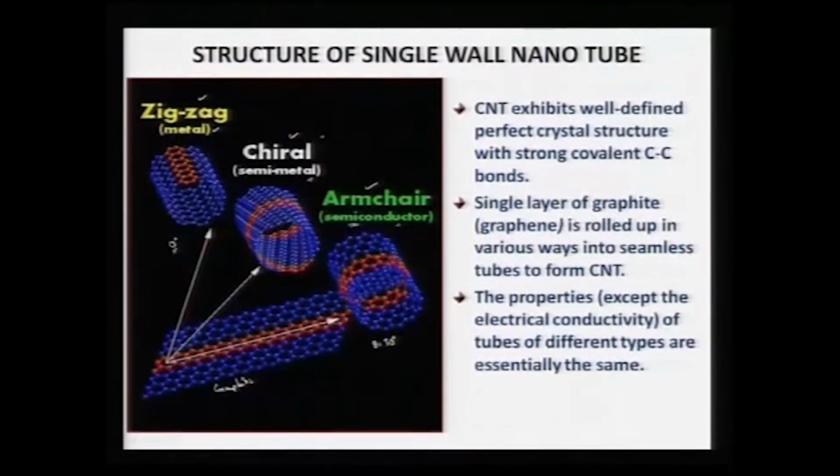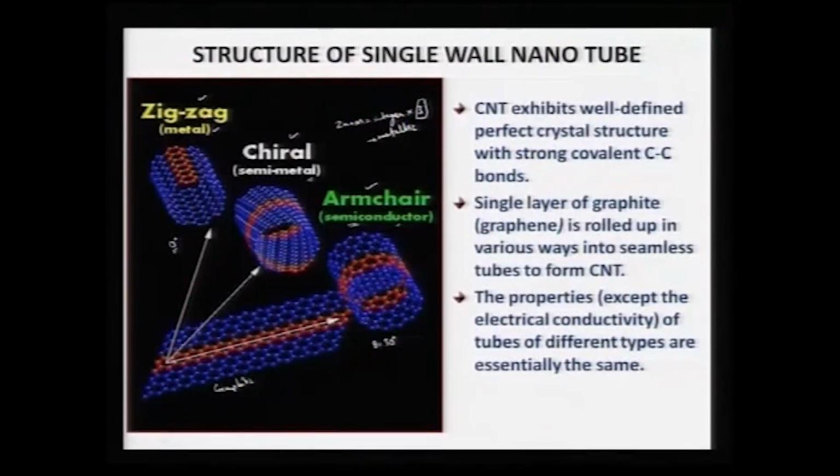Once we have this relation, when 2n plus m is an integer multiplied by 3, then we get something which is metallic. In other cases it is generally semi metallic.